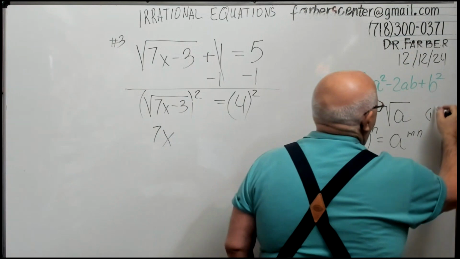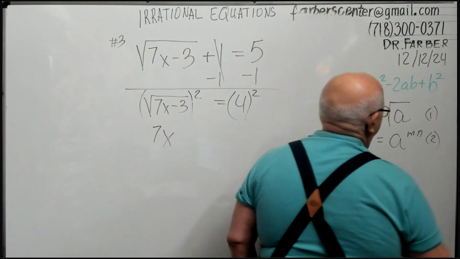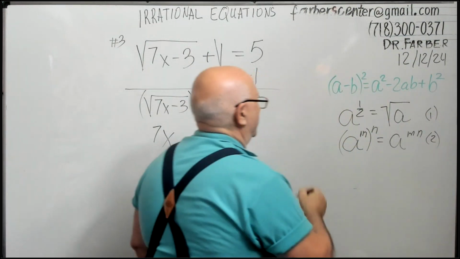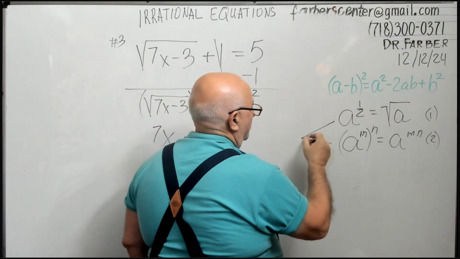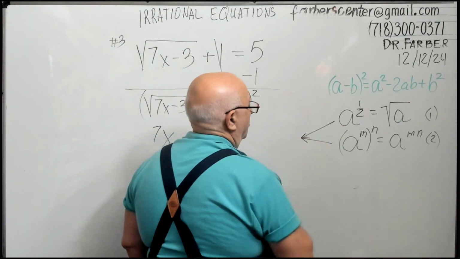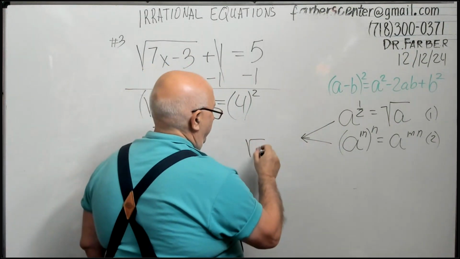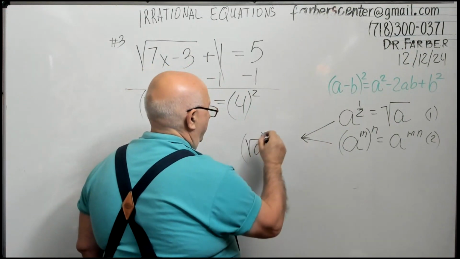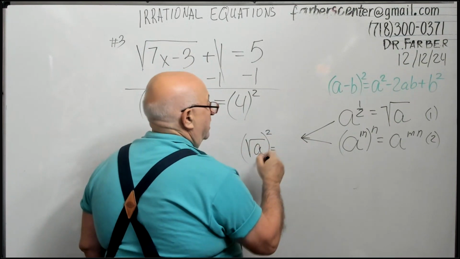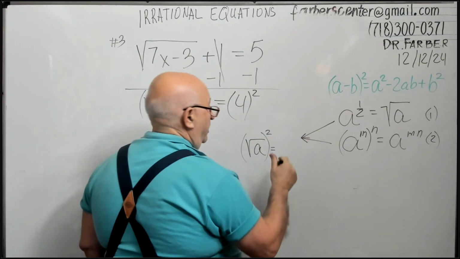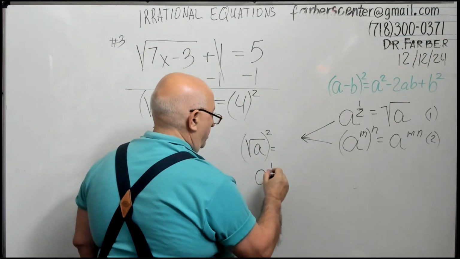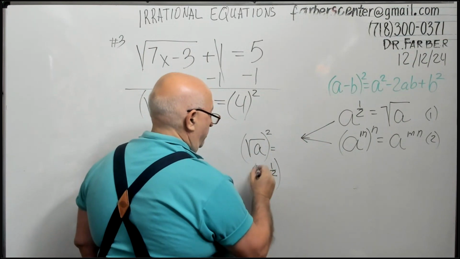This is formula 1, this is formula 2. Based on these two formulas, I have square root of a to the second power. Square root of a is the same as a to power 1 over 2, to the second power.